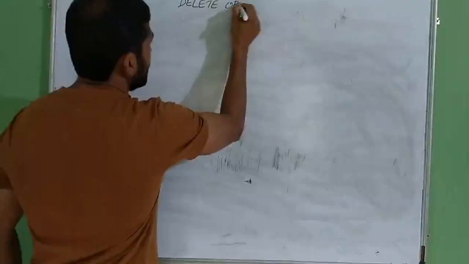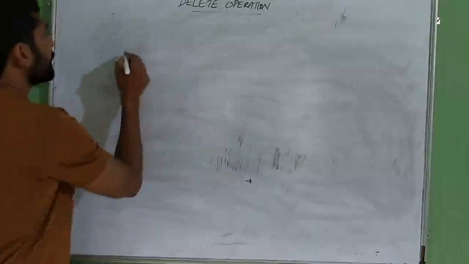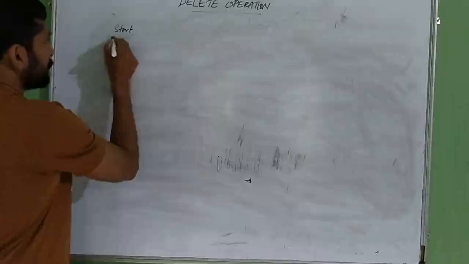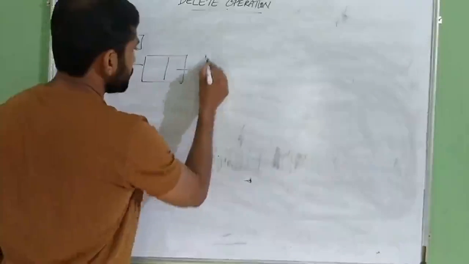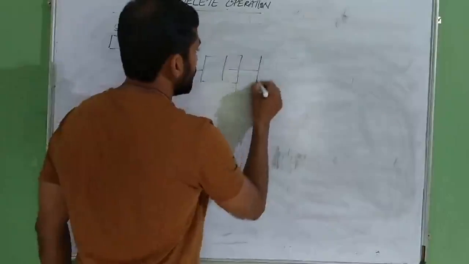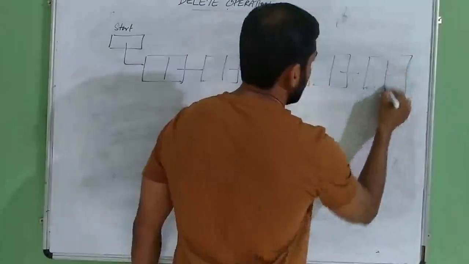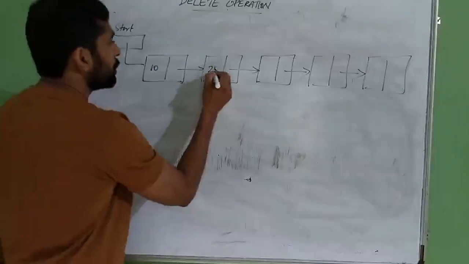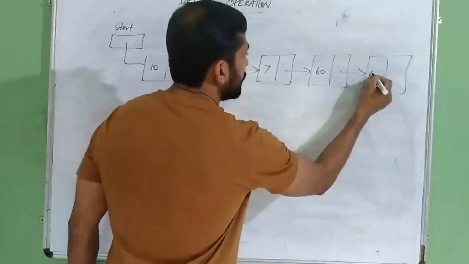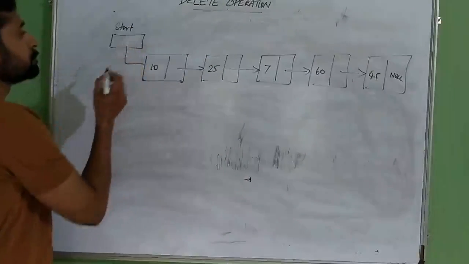Delete operation. So we have a linked list like this. Start. So this be the linked list.